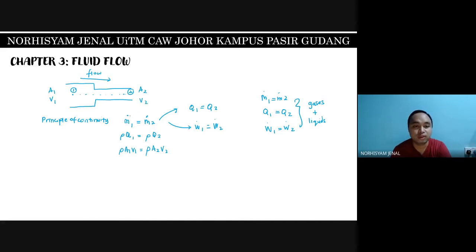Let us do an example, assuming A1 is 0.05 meter, and A2 is equal to 0.02 meter, and then the velocity at point 1 is equal to 10 meter per second.